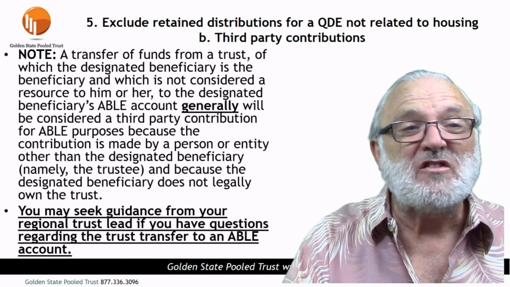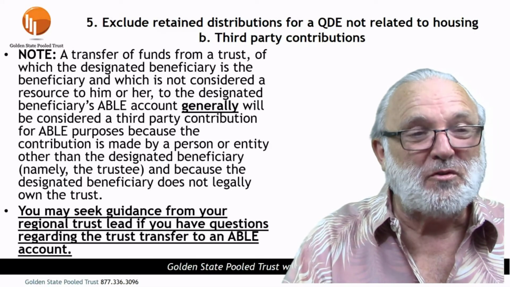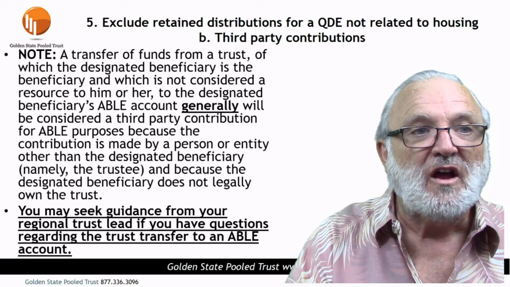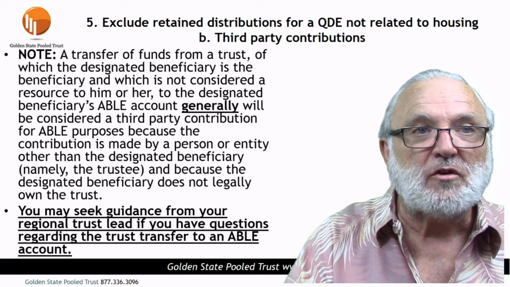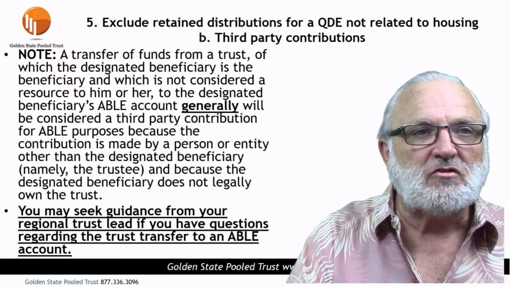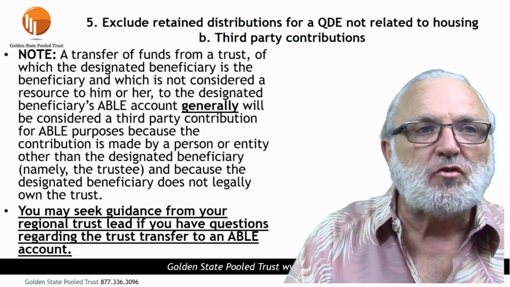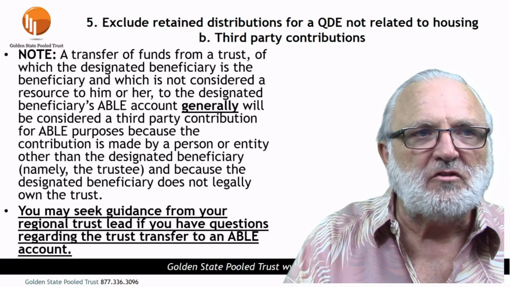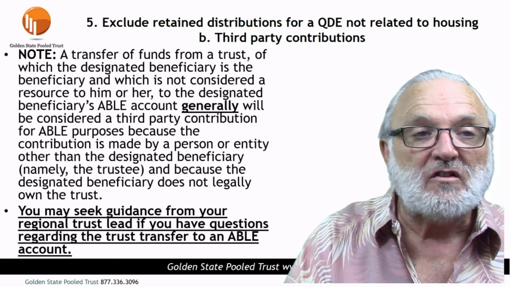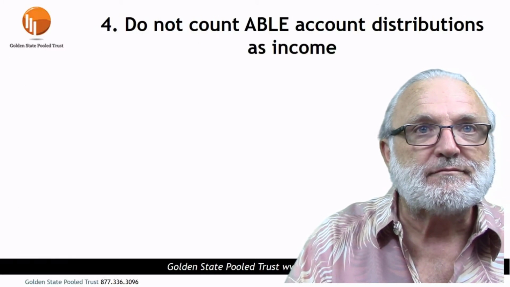And it also says that you can seek guidance, and remember, this is speaking to the eligibility workers, so if they have questions, they can go to the regional trust leads for this. This is pretty big for the special needs trust industry, basically saying that a trustee can make distributions into the beneficiary's ABLE account, and that is absolutely permissible.